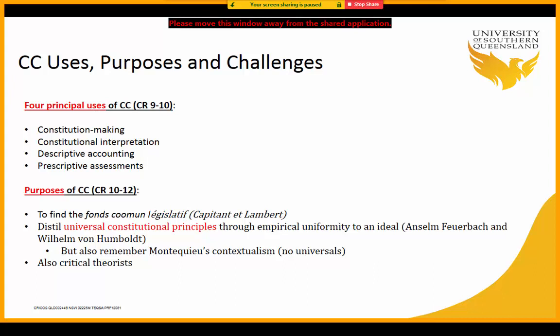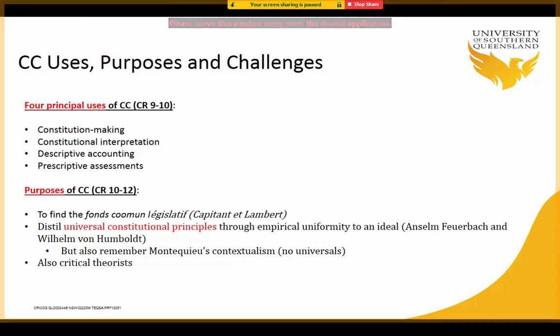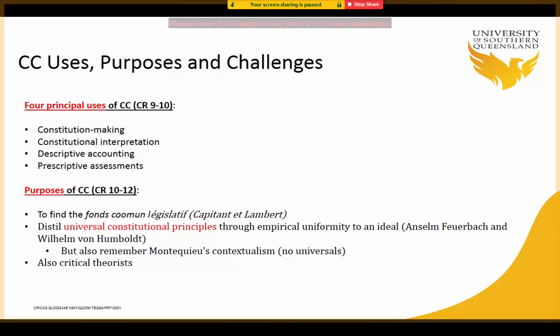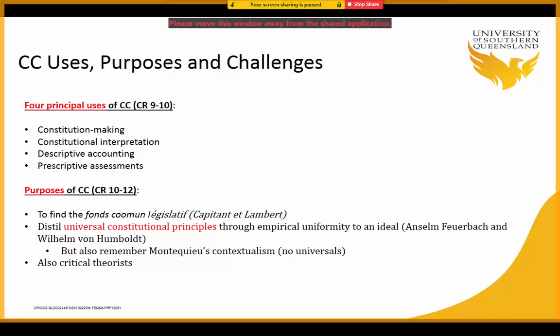The second most important use is constitutional interpretation. And I can't really underestimate how important this is. Okay? You definitely need to be able to look at other constitutions, especially the ones that were available to the drafters of our federal constitution at the time, where they have been looking at, for example, the Constitutional Bill of 1891.